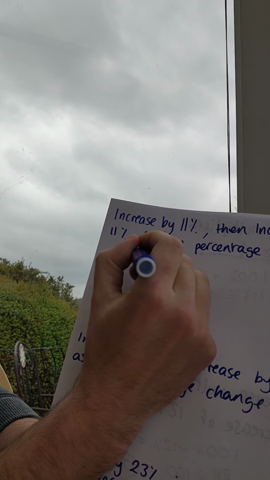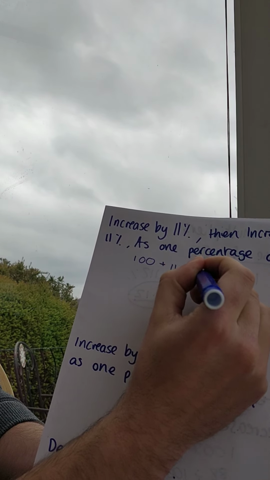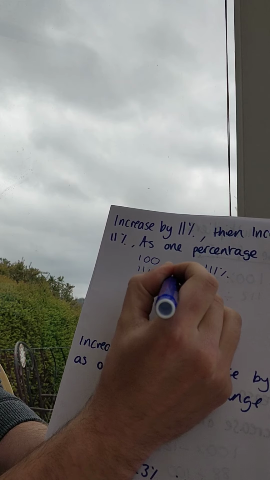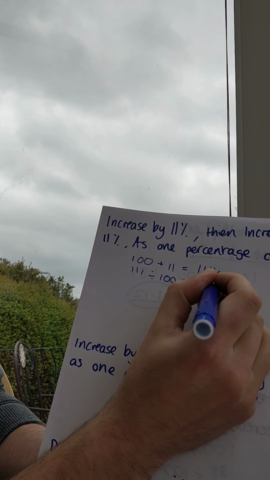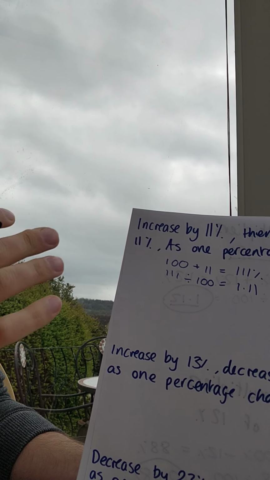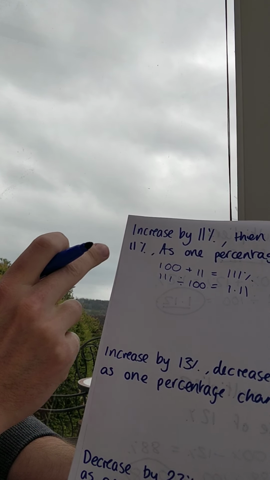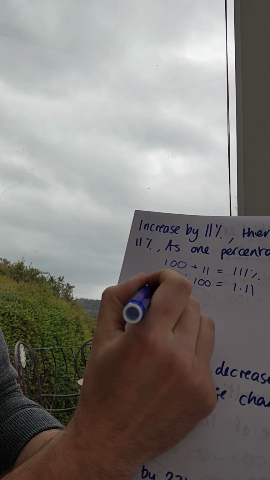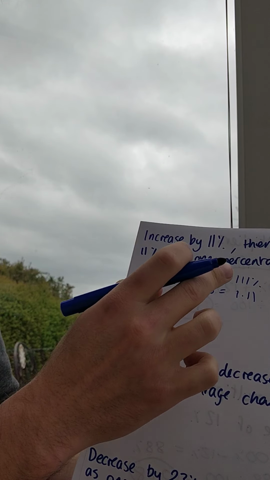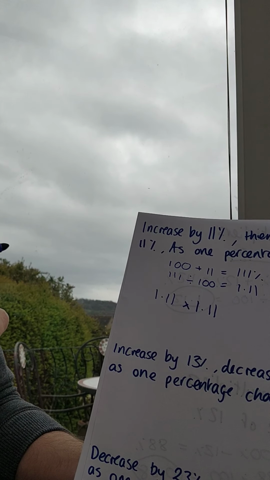So for an increase of 11%, I'll show you on this one, we do 100 add 11 equals 111%. 111 divided by 100 is equal to 1.11. Hopefully that makes sense from what I did previously. Now, if you're increasing by 11%, then another 11%, to do one increase of 11%, you need to multiply by 1.11, but then you'd also be doing that again, so another increase by 11%, so you do 1.11 times 1.11.